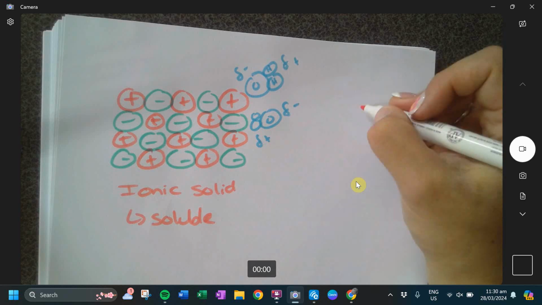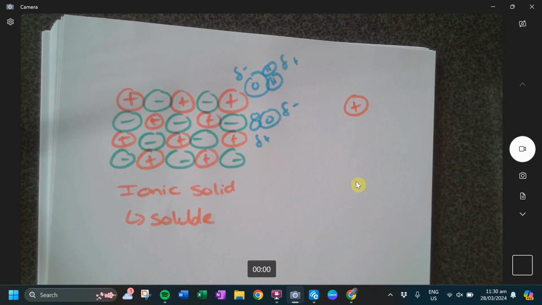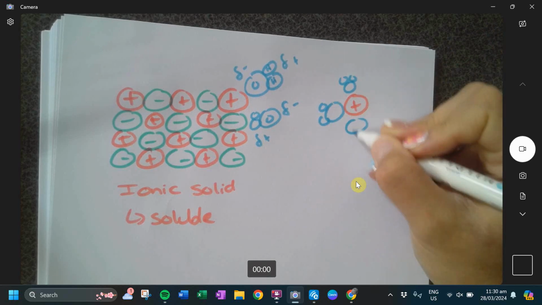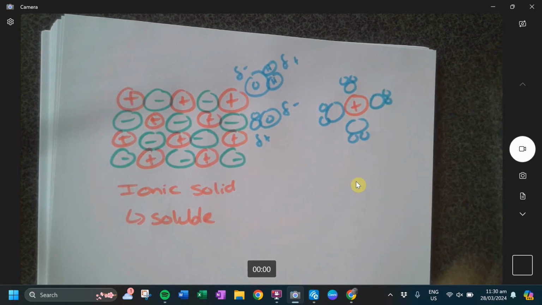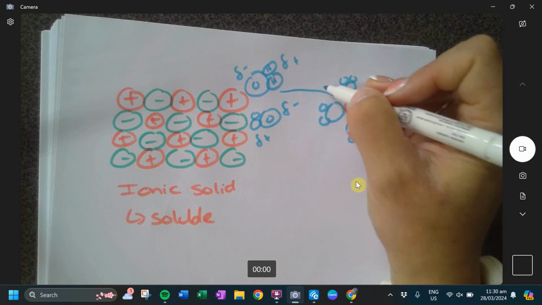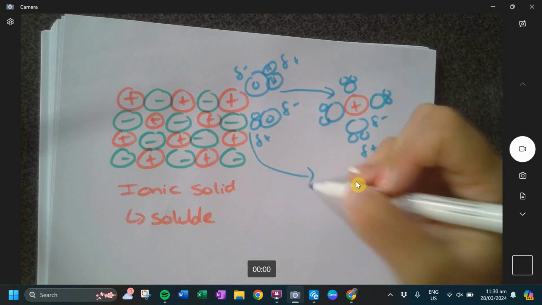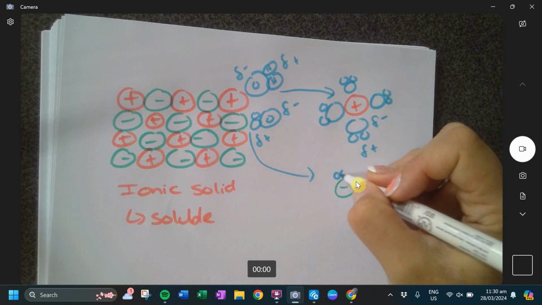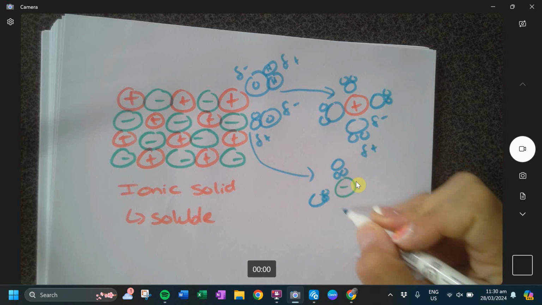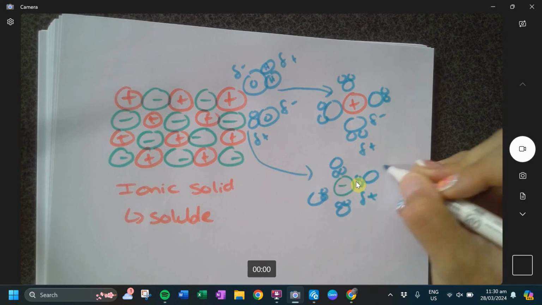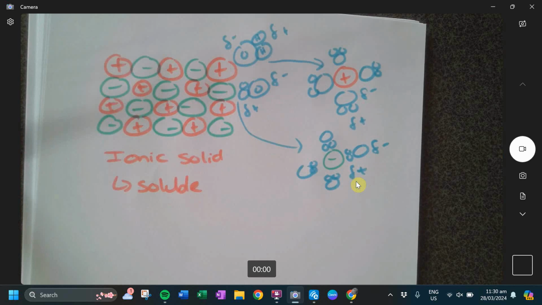So a positive ion would be surrounded by the water molecules like that, with the slightly negative end toward it and the slightly positive end pointing out. And for the negative ion over here, you would see the water slightly positive toward it, slightly negative outward. So that's what happens when it's soluble.